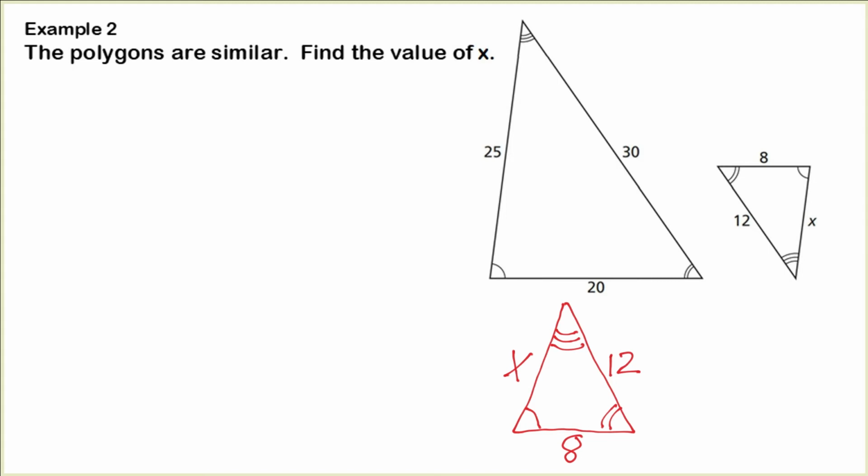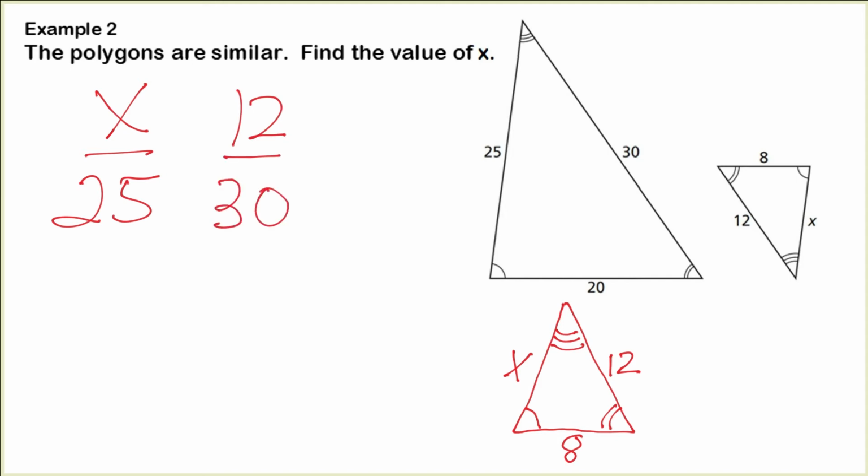And I'm going to take the red image and put it on the top of the fraction, and the numbers from the black pre-image and put them on the bottom of the fractions. So my corresponding sides, x corresponds to 25, 12 corresponds to 30, and 8 corresponds to 20.